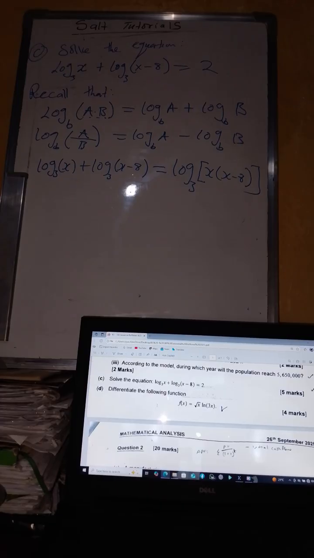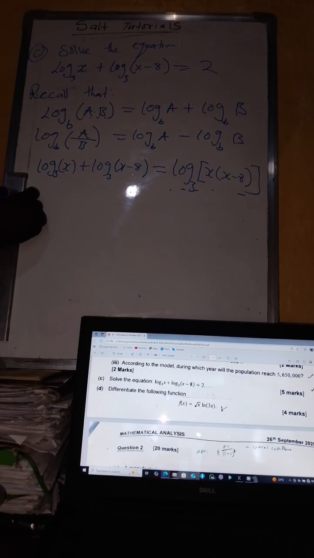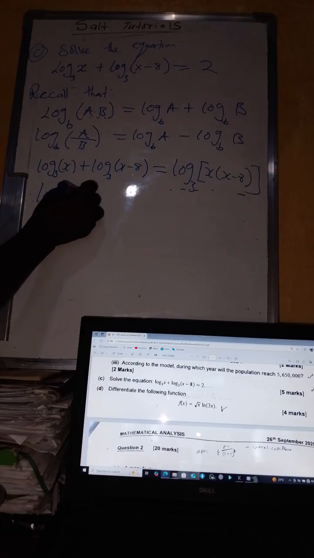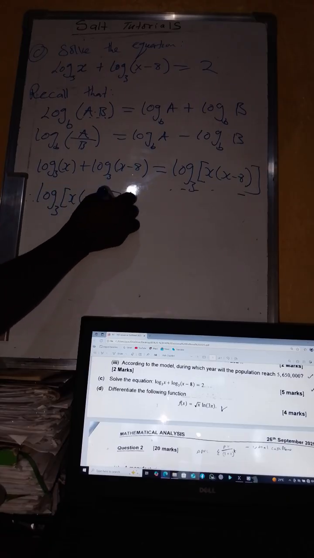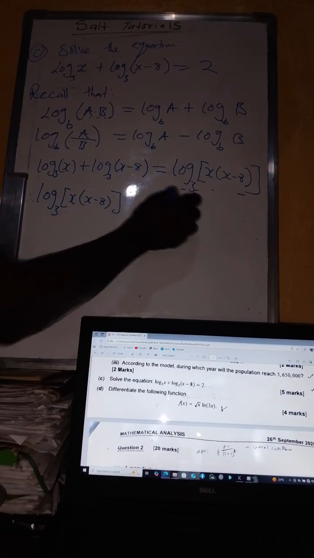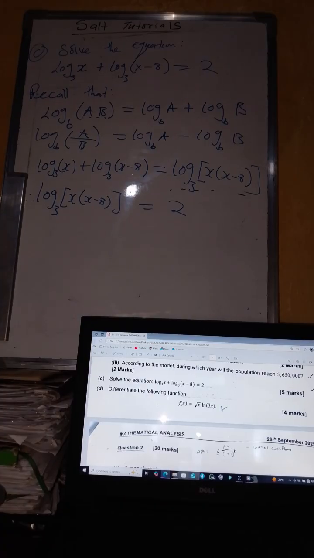So we are going to use this, which is a single log. Therefore, what we are simply saying here is the log base 3 of x times x minus 8 is now equal to 2. This is the equation we are now going to solve.